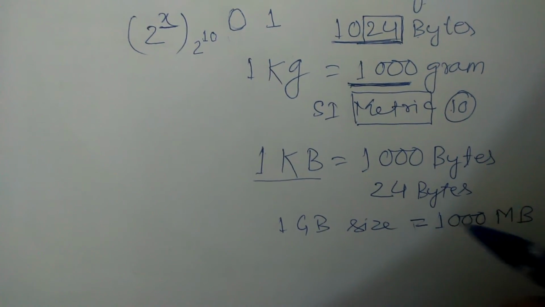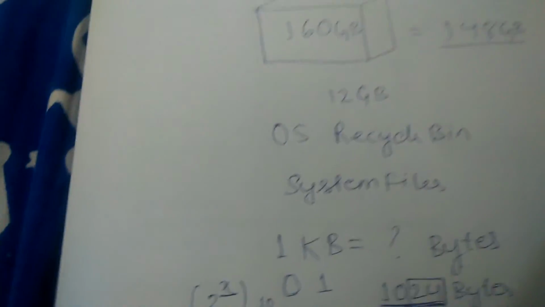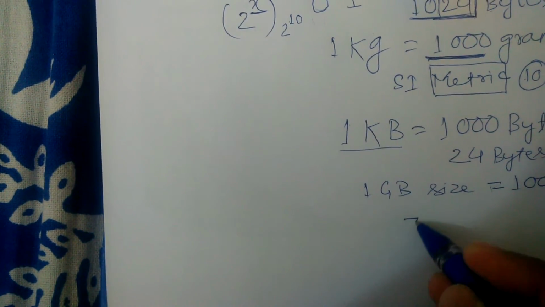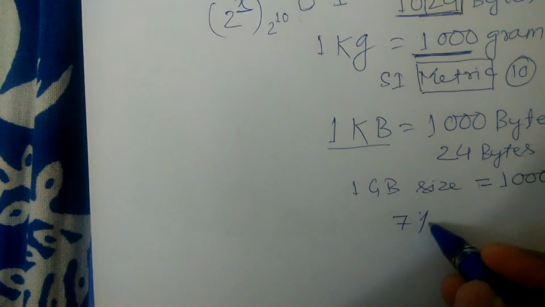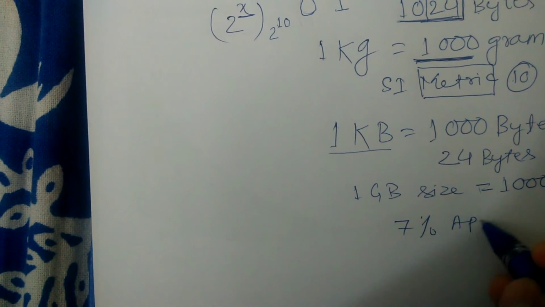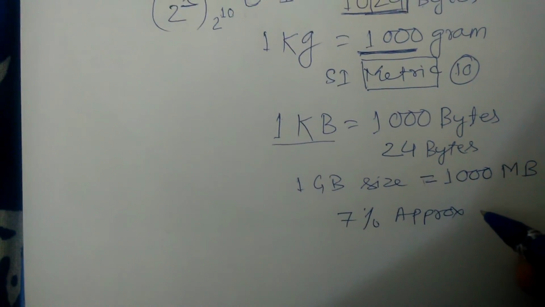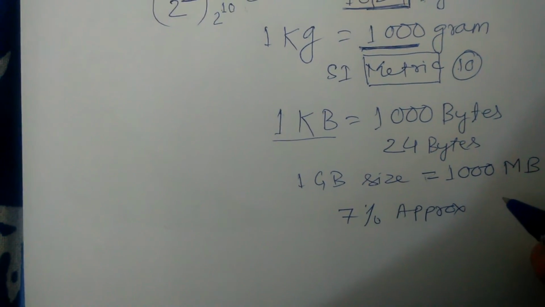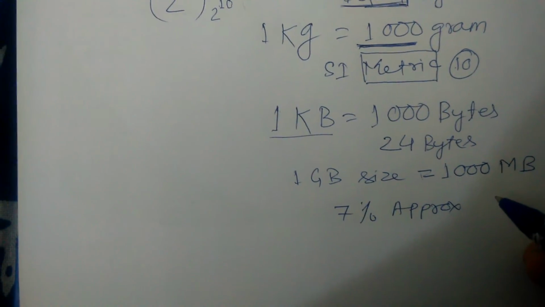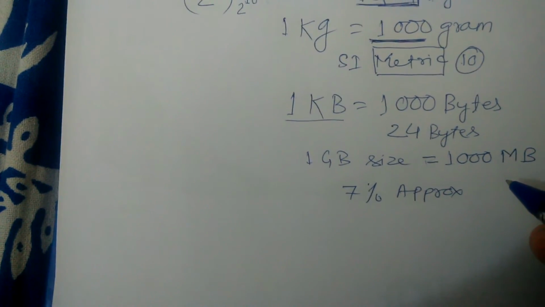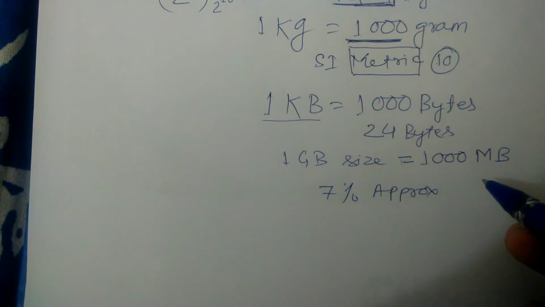So think of the same fact for 160 gigabytes. As per the calculations, it leads to an approximate 7% loss. The loss is not an exact physical loss, but you're paying for a lesser amount of space. The thing which was promised to you was not given.